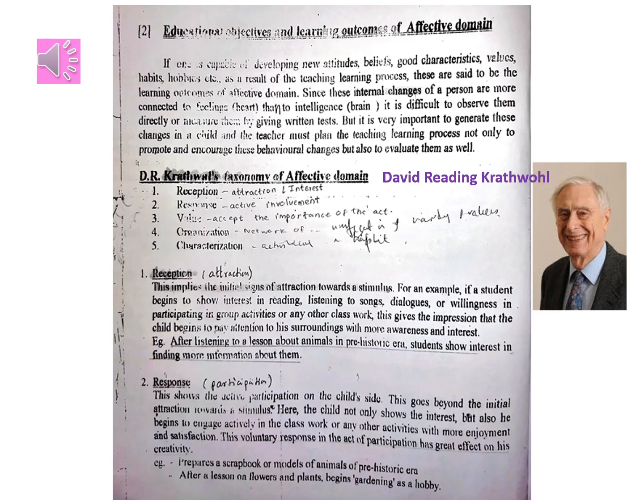As a result of the teaching learning process, if one can develop positive new attitudes, positive beliefs, good characteristics, good values, good useful habits, hobbies, then we can say the child has developed his affective domain, right?